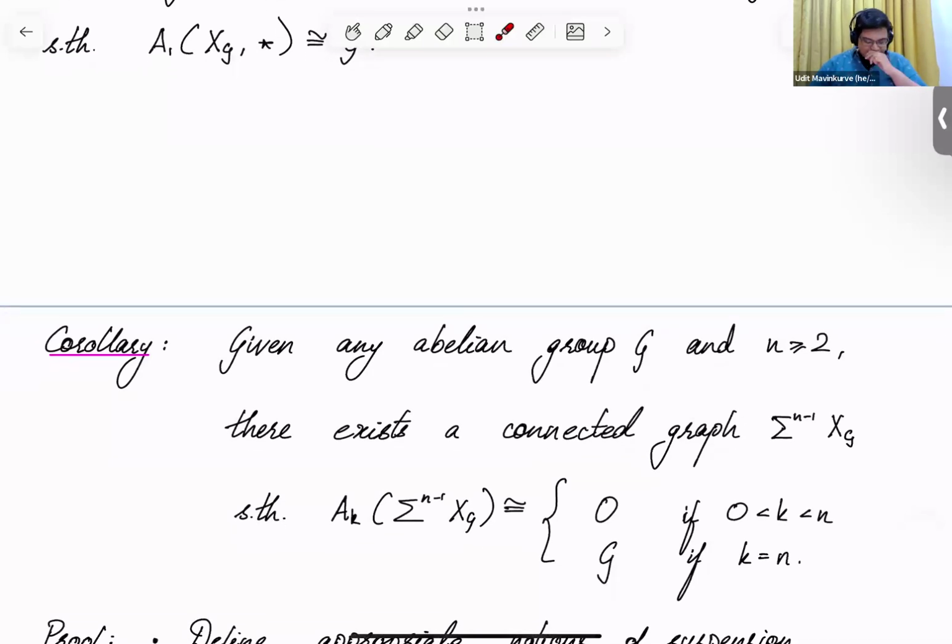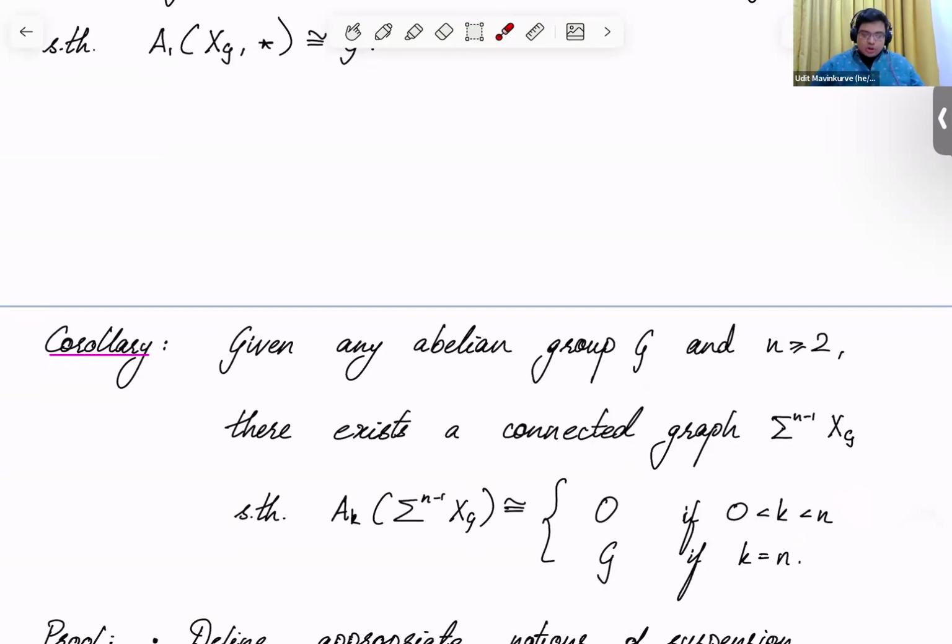This is not in our paper, but it uses the work of a lot of other mathematicians: if you start with an abelian group G and any n greater than 2, then you can take appropriate notions of suspensions. You need to develop a homology theory, then Mayer-Vietoris and a Hurewicz theorem. Using that, you can prove that it's going to have trivial groups below n, and it's going to have G as its n-dimensional discrete homotopy group.